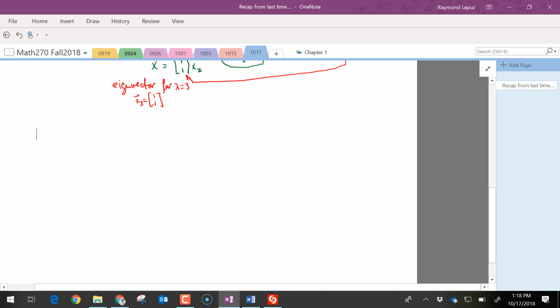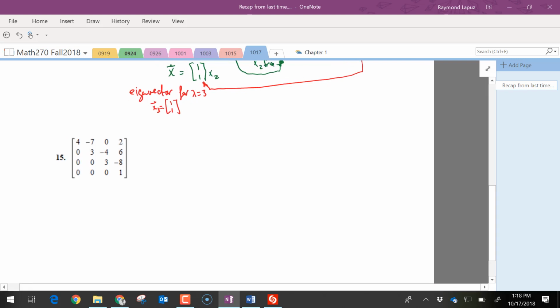Because of special properties of determinants, and we have to find determinants to find the eigenvalues, the special properties of determinants will help us find the eigenvalues.